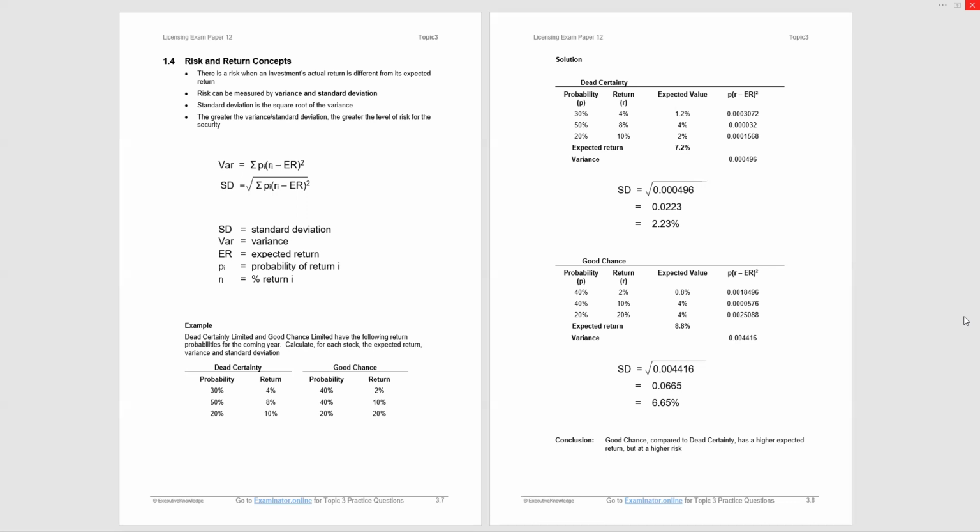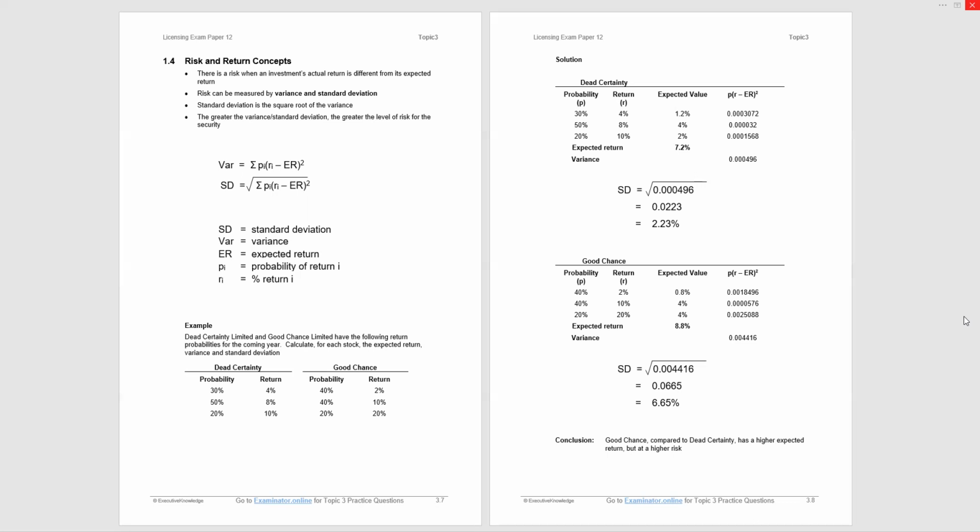Then we would square that value and multiply by the probability of 0.3. Now, unfortunately, we have to keep all those zeros in, so we get 0.0003072. Now, you follow the same format, perform the same calculation for the return of 8%, the return of 10%, and we get the three values on the right.